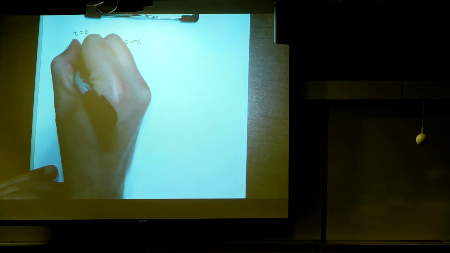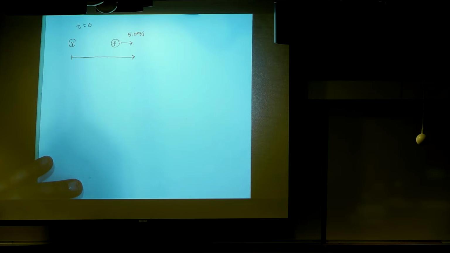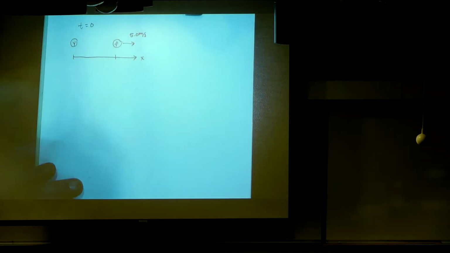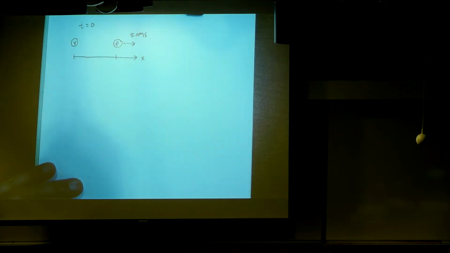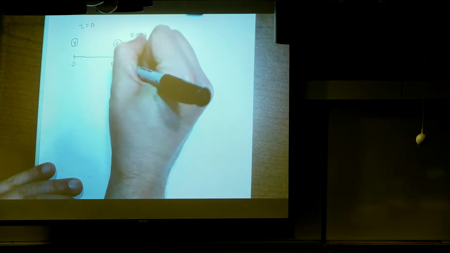And also your friend is located 5 meters ahead of you. So I'm going to draw an x-axis to keep track of where everybody is. And it doesn't matter where I put the origin. It doesn't matter where on this axis I label x equals 0, as long as I'm showing that these two are 5 meters apart. So let's put you at the origin and your friend at 5 meters. That'll work, right?